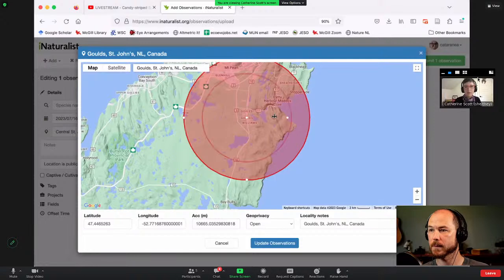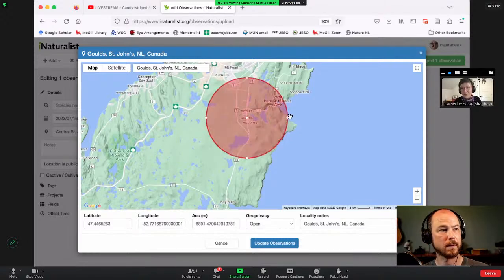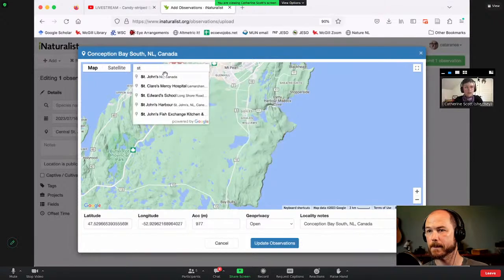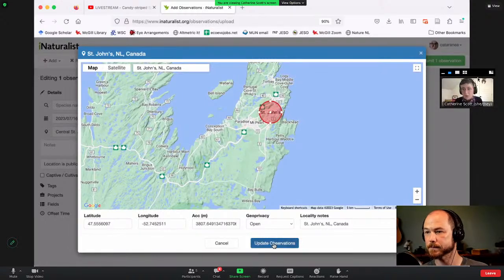I can make this circle bigger or smaller depending on how confident I am about where exactly I was, or how cagey I want to be about letting people know exactly where I was. But this was actually in St. John's. So I'm going to go back here and narrow it down a little bit to there. That's good enough in terms of location, but you can be as precise as you want.